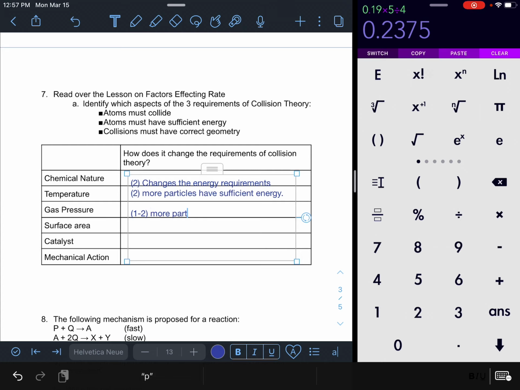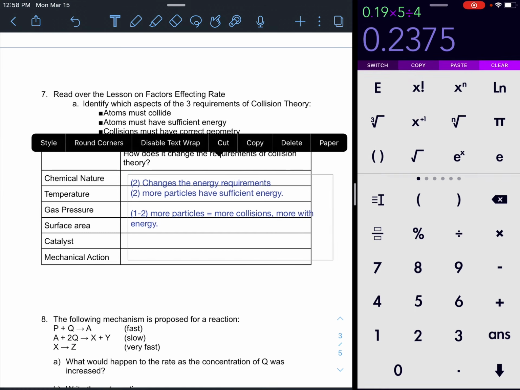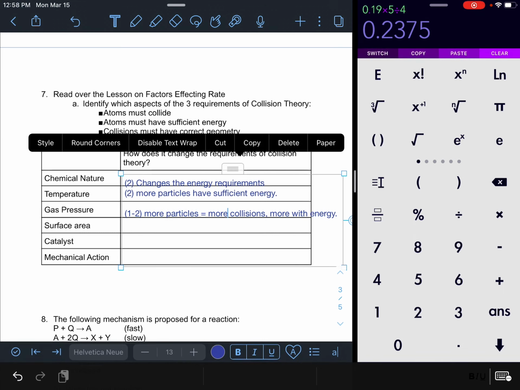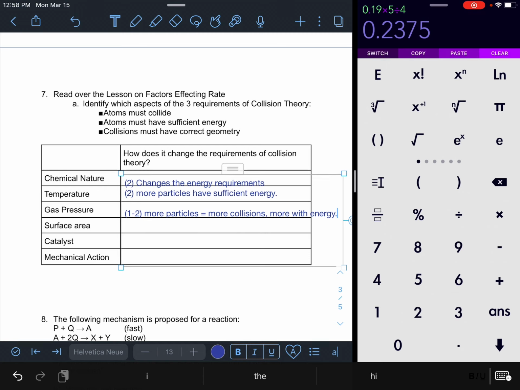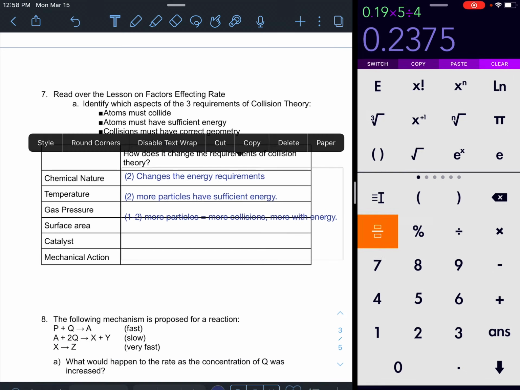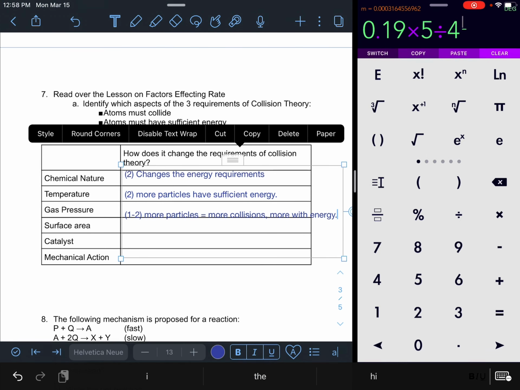More particles equals more particles, more collisions, more with energy. Okay. So the more particles you have, the more particles you have at the correct energy level. So that's what I'm trying to get at there.